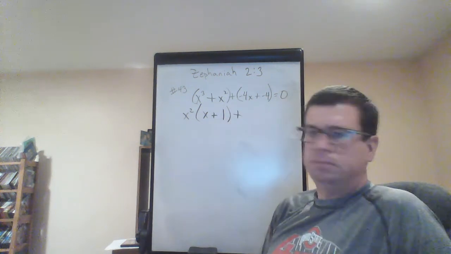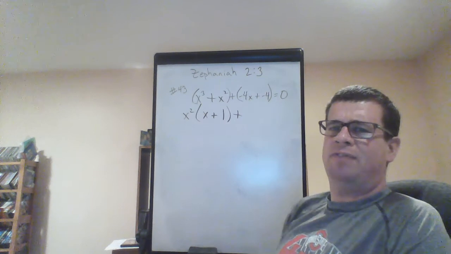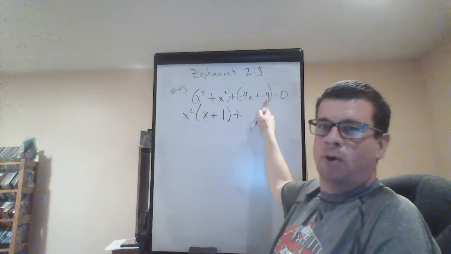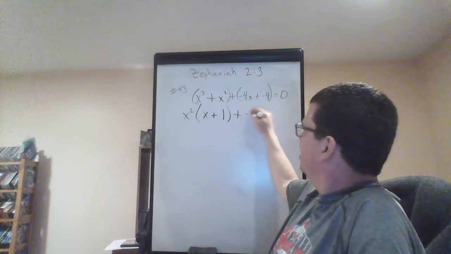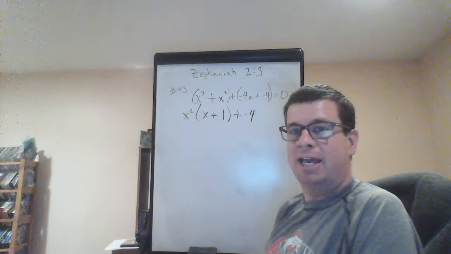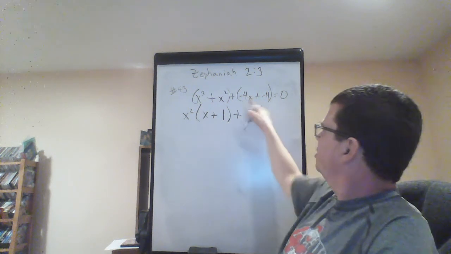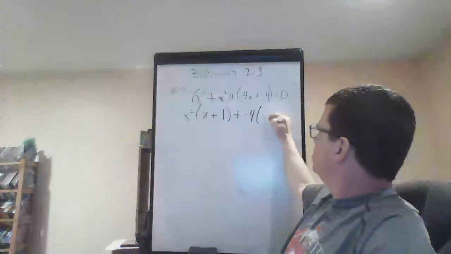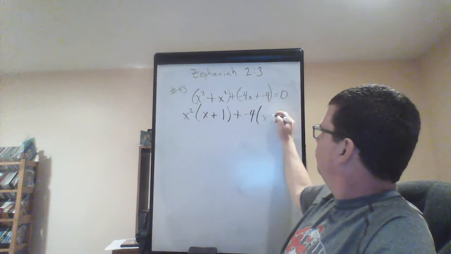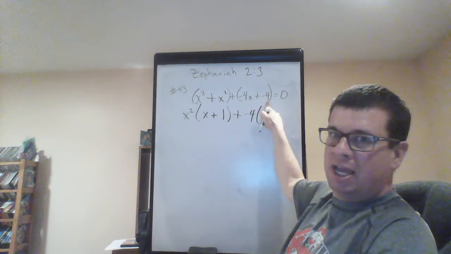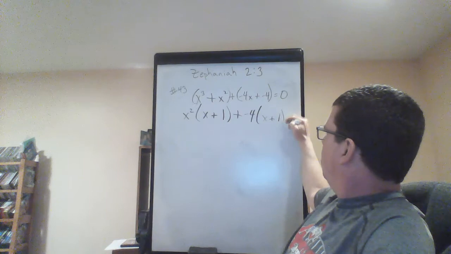So now as I look over here, what can I factor out? I've got -4x and I've got -4. I think I can factor out a -4. And now -4 times what would give me -4x? That's x. And -4 times what would give me -4? Well, that's 1.